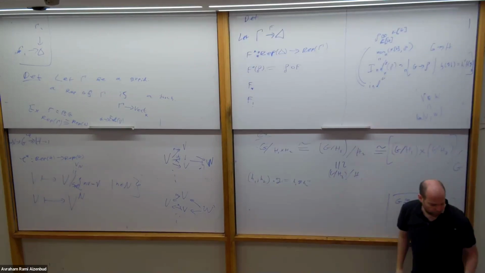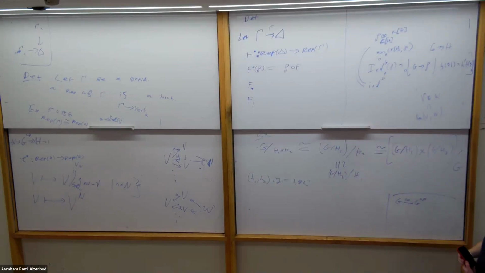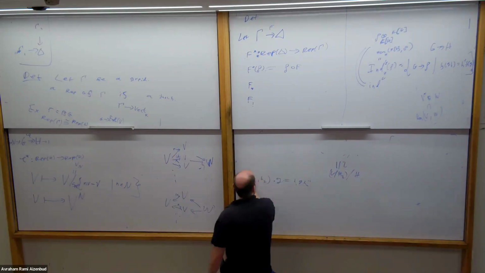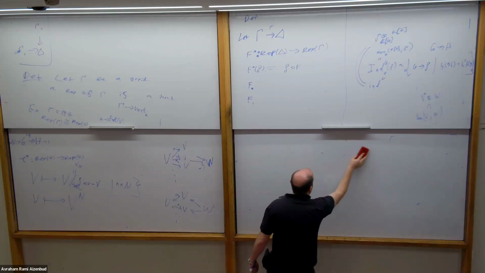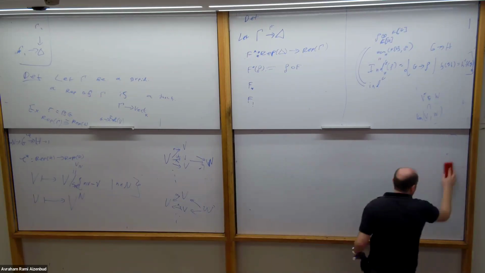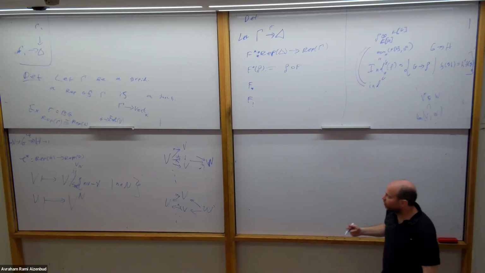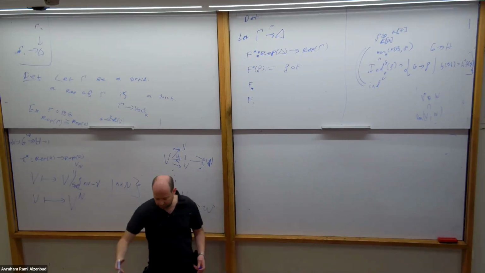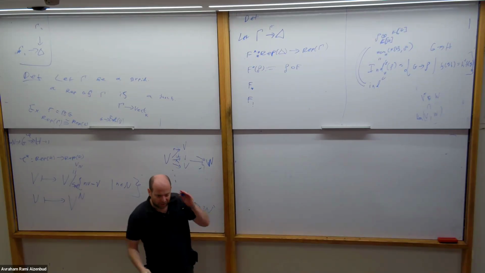So first of all, we have a general map between groupoids, but each groupoid is a coproduct of BGs.